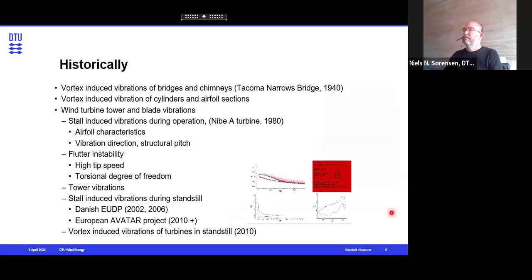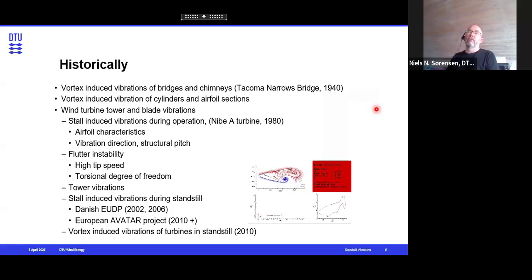So historically, the interest in aeroelastic stability, I guess, a large part of that started with the Tacoma Narrows Bridge and the catastrophic failure. Then it spread to a lot of other topics, vibrations of cylinders in air cooling, airfoil sections for helicopter aerodynamics.